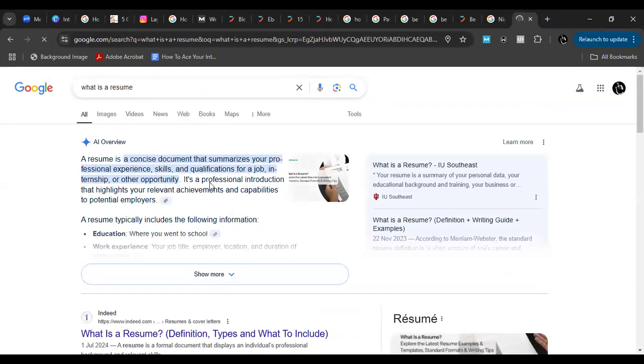Why is Google using their AI to do a summary of this? Because they are trying to give people a quick fix. Attention span has dropped. People need things fast, and they don't have time for long searches.